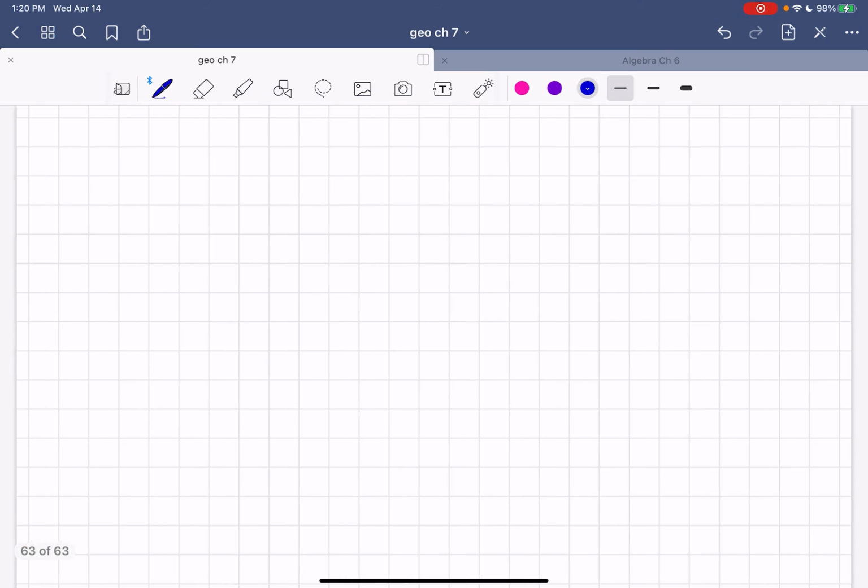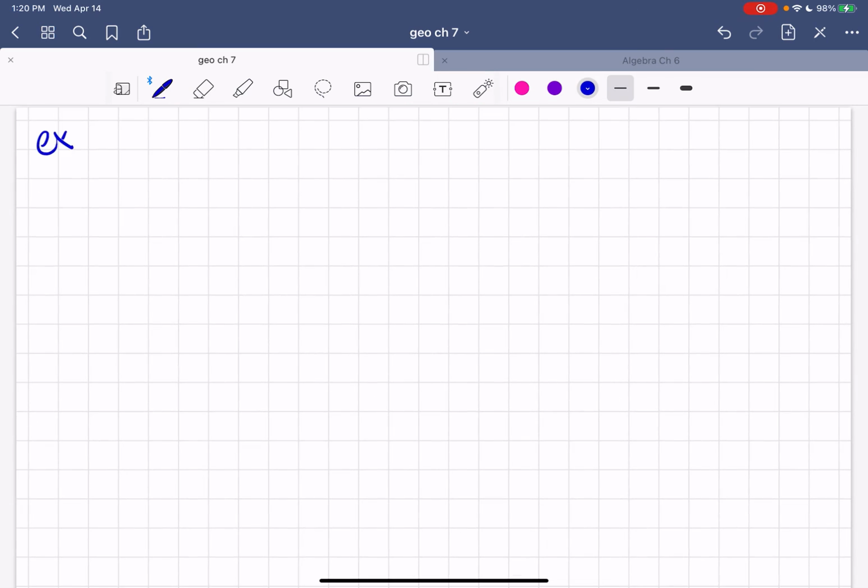Here's example 2. So that's just going to be working backwards. We have the same shape, but we don't know the lines are parallel because we're proving that.